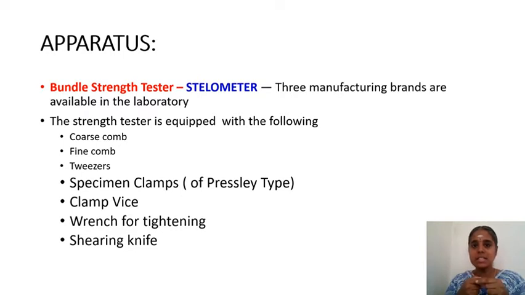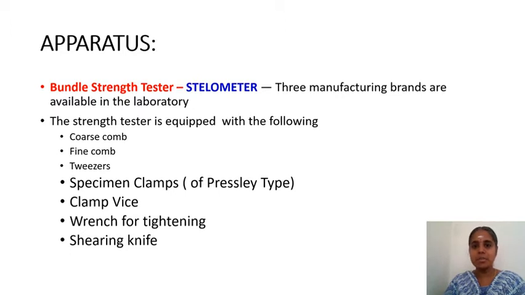If the insert is there, then the gauge length, the total length of fiber available for the test, is 15 mm. If the insert is removed, then it is 11 mm. Both these gauge lengths are used in Stelometer. The common gauge length used for fiber testing is 15 mm.